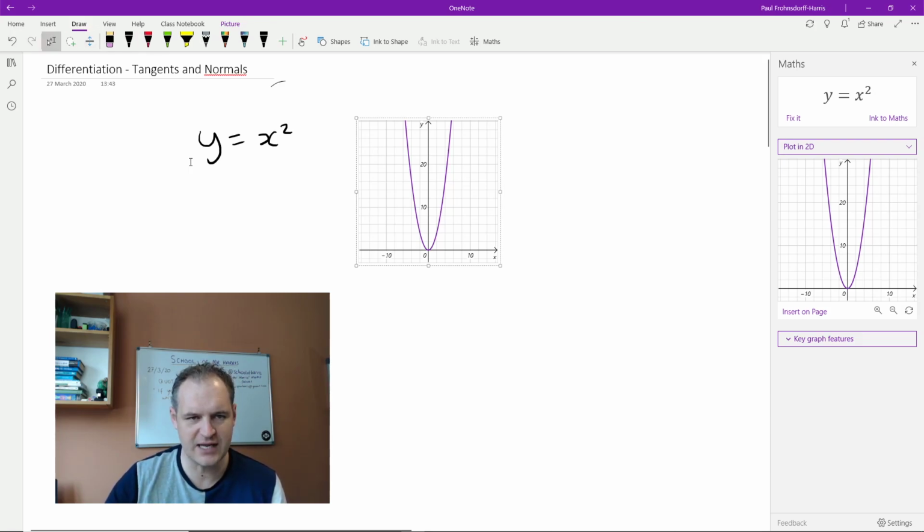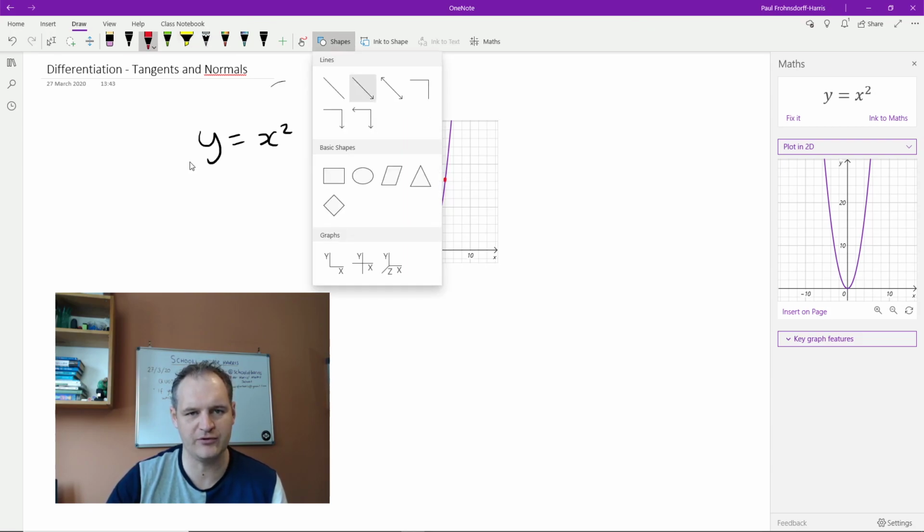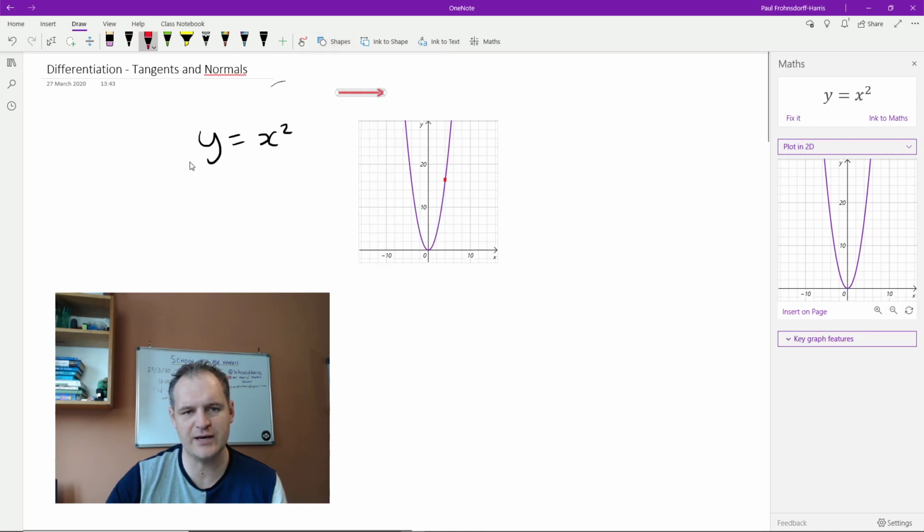What that means is, let's say I choose a point here. The tangent at that point is a straight line that touches but doesn't go inside. So I will need to move that over so it's touching, something like that.